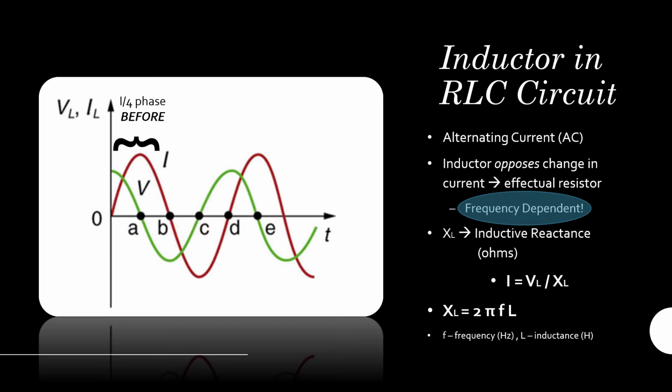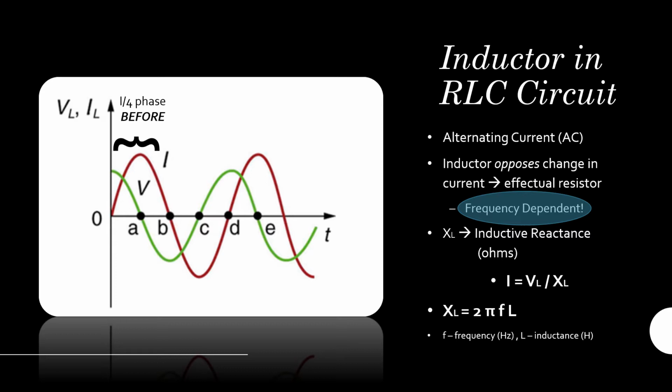And that's because the definition of an inductor is something that opposes change in the current. So any time the current's changing directions, this inductor is going to induce a current going the opposite direction just to try and balance that out. So it's basically acting like a resistor. And that is a characteristic that we call the inductive reactance.